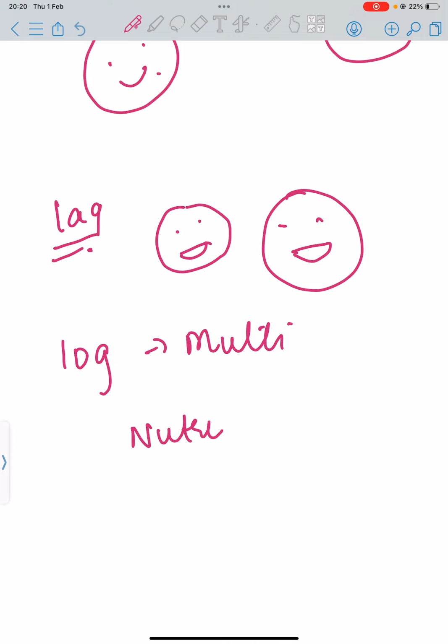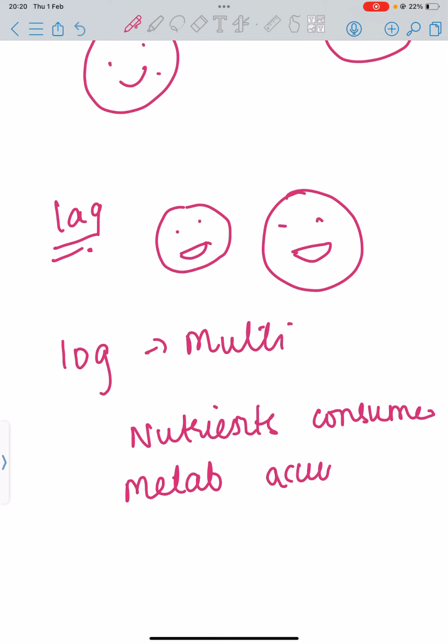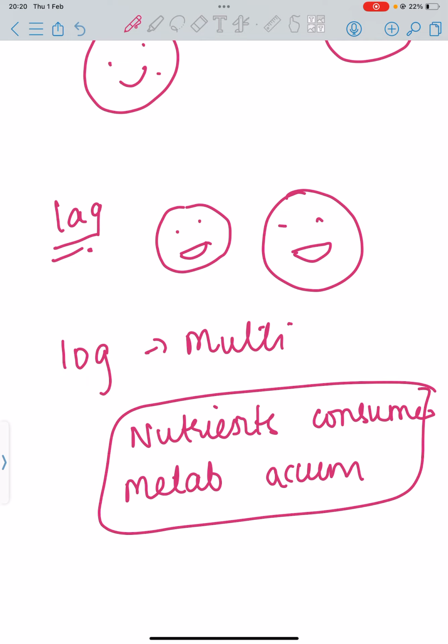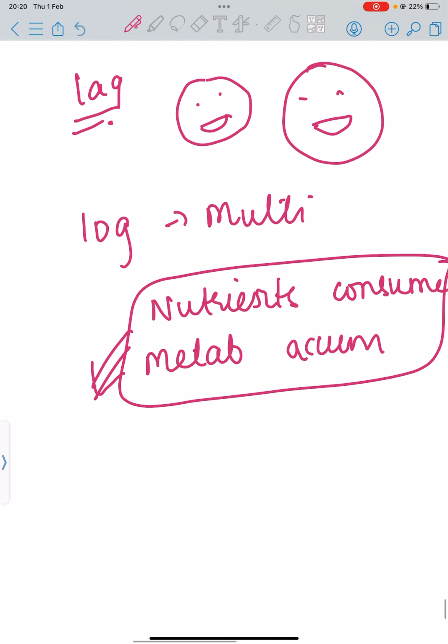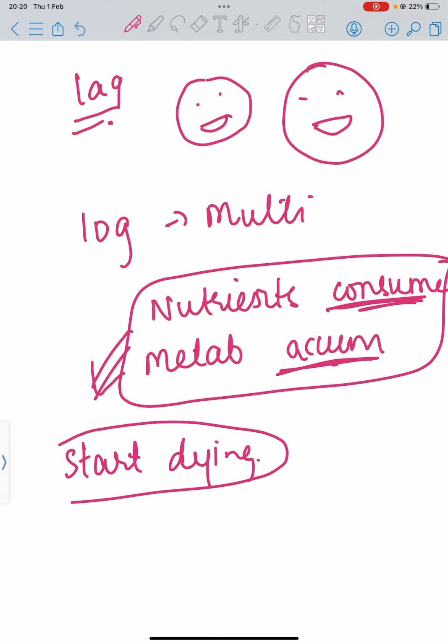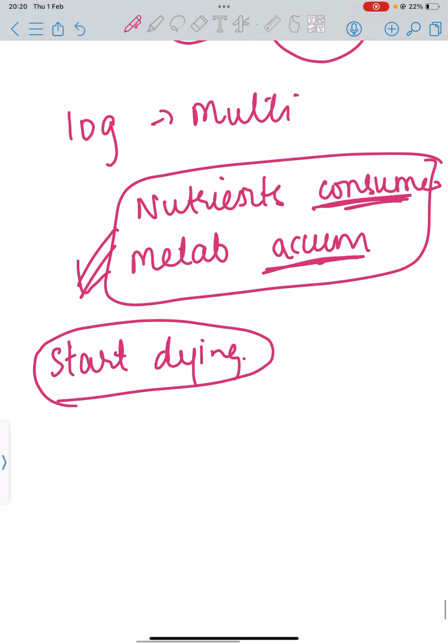Nutrients are consumed and metabolites accumulate. This is the reason why some bacteria start dying. Why? Because nutrients are getting consumed and metabolites start accumulating. So some bacteria start dying, and others are still growing, so it is stationary phase.